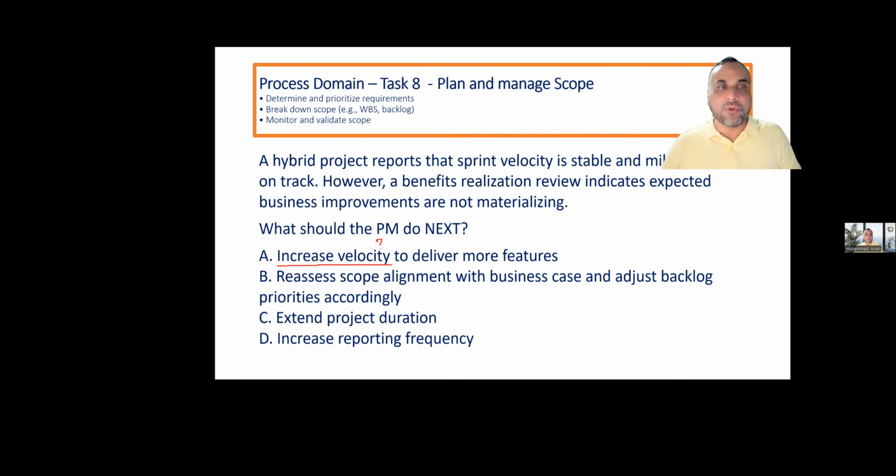Increase reporting frequency. So it has nothing to do with reporting, right? It has nothing to do with project duration. And you cannot increase velocity by yourself. The velocity depends on the story points, complexity, and effort required. So yes, the correct answer is B. Very good. And that is the end of task 8 also.